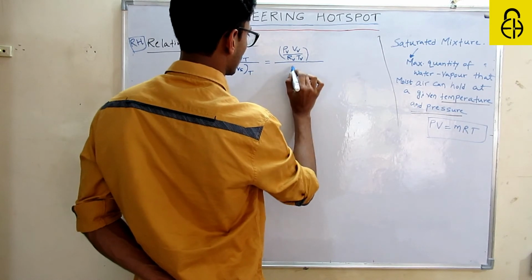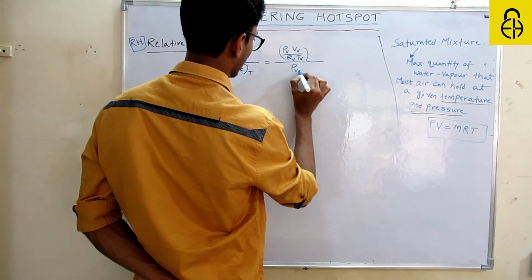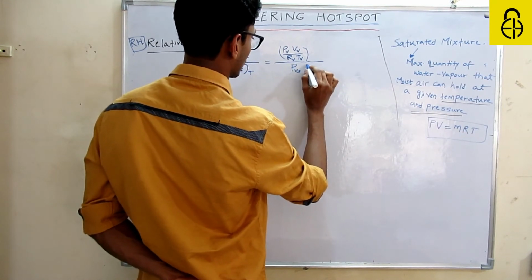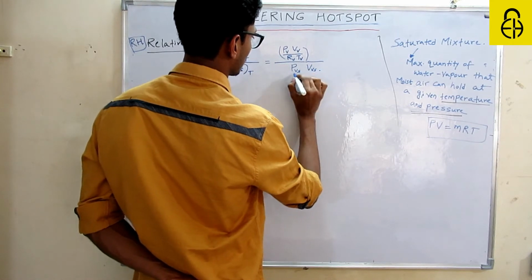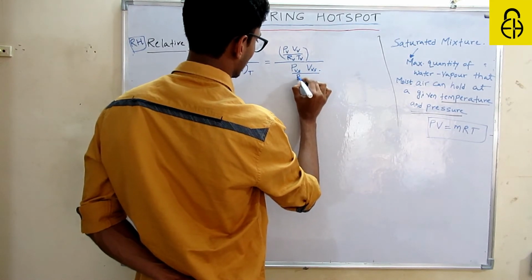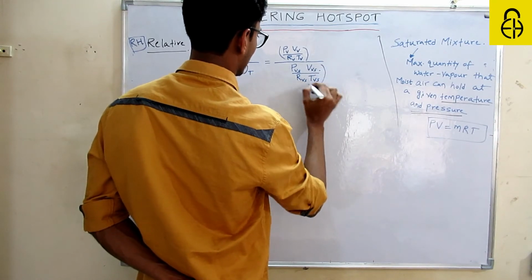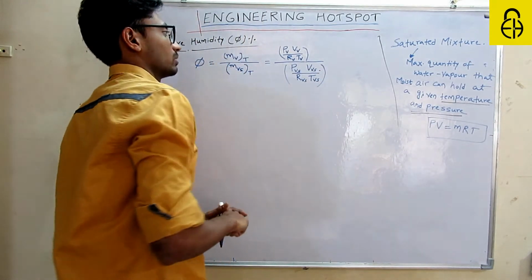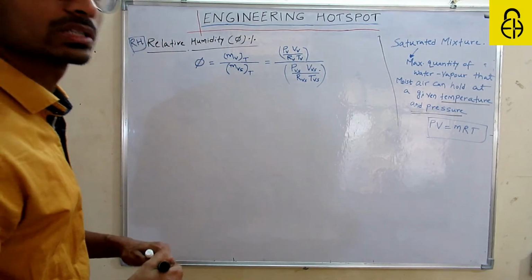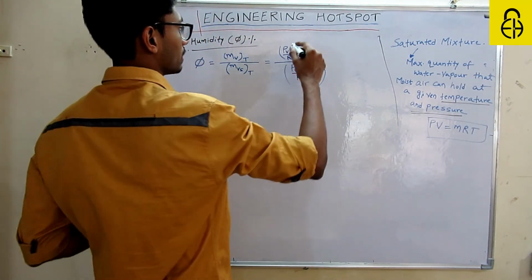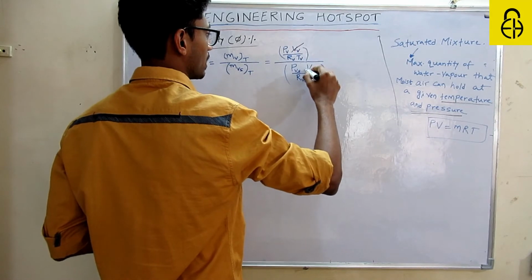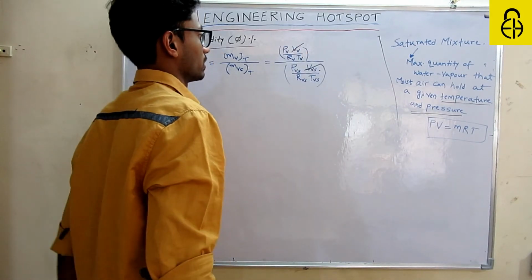Similarly, this one you can replace with P of vapor saturated, volume saturated, upon R into T. Now, since it's for the same air sample, the volume will remain the same.